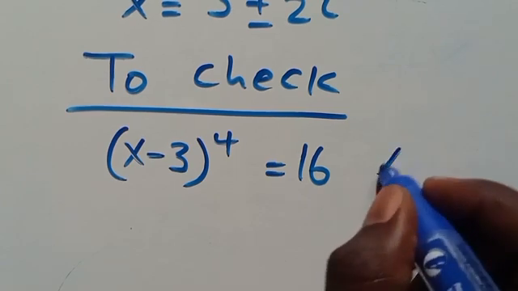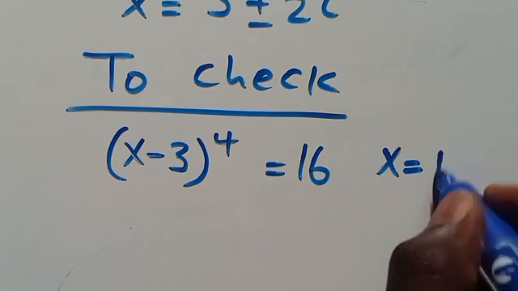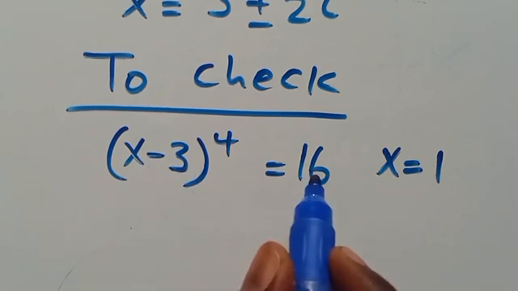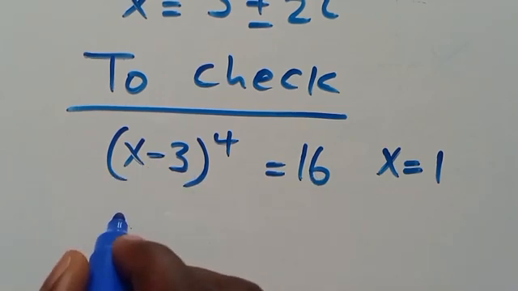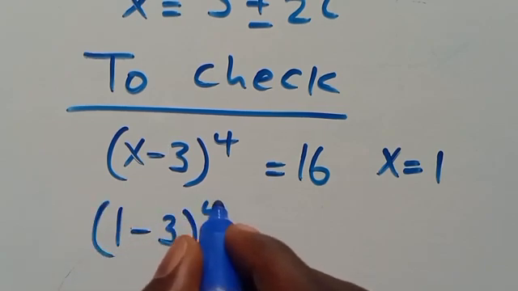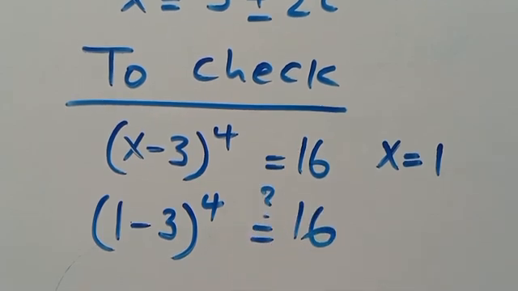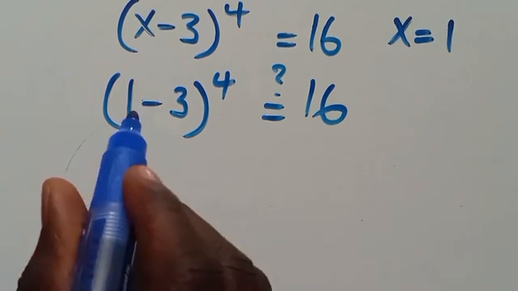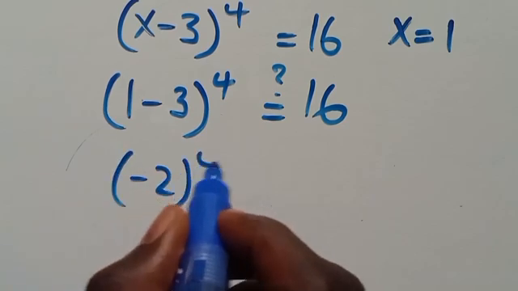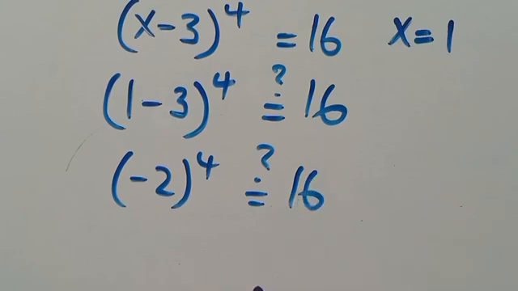Then when x equals 1, let's verify if we are going to have 16. So from here we have 1 minus 3 in parentheses to the power of 4. Then it's still going to give us 16. 1 minus 3 will give us minus 2 in parentheses to the power of 4. Then it's still going to give us 16.